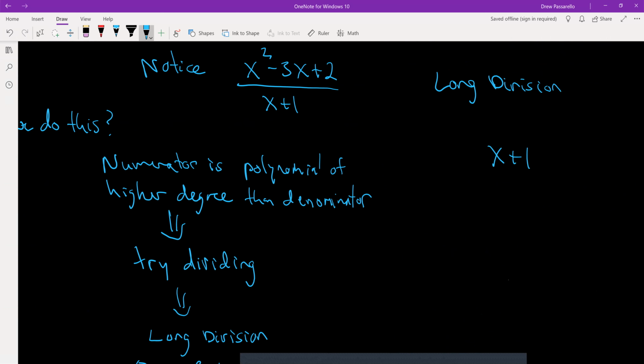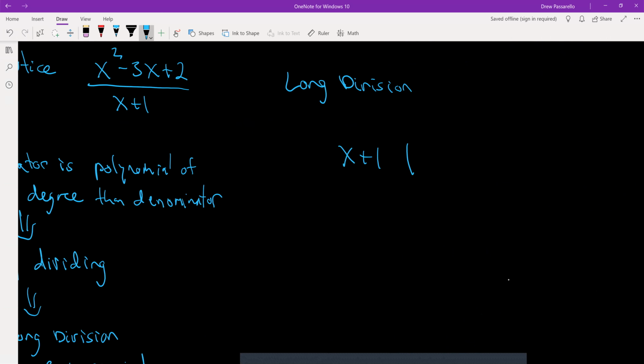So to set up, I put my divisor out there, and then underneath the division sign, or whatever that long division symbol is called, put the x squared minus 3x plus 2. And so this is going way back to maybe algebra 1 or something, but you take the leading term of x squared minus 3x plus 2 and divide it by the leading term of x plus 1.